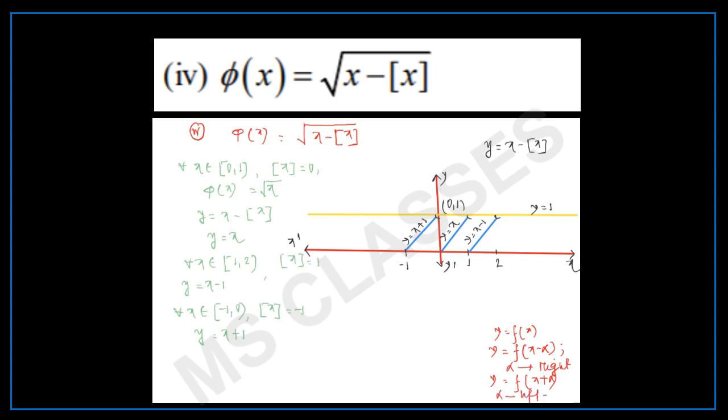So here when x minus 1, that is 1 unit towards the right, when x plus 1, 1 unit towards the left. Similarly, for the other values also, the same thing will be obtained. If we complete this graph, then we can draw similarly.